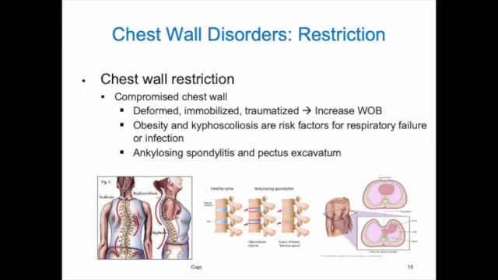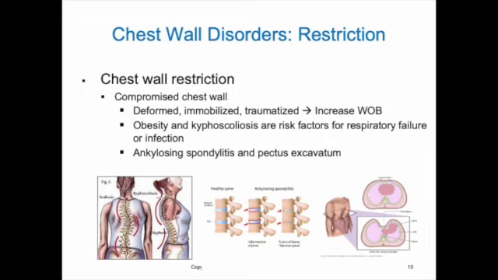There are other musculoskeletal abnormalities as well that can impair ventilation, and this is ankylosing spondylitis. You can see here in the second group of pictures what that means. You can have inflammation of the joints and fusion of the bones that causes a lot of back pain.